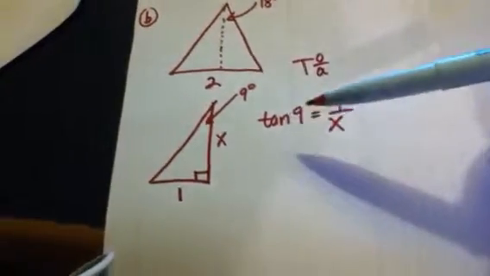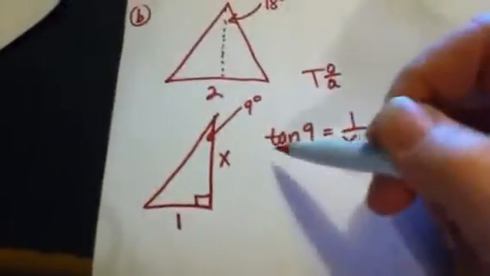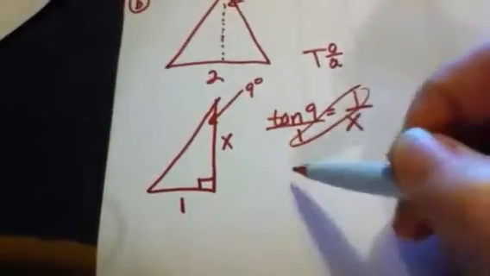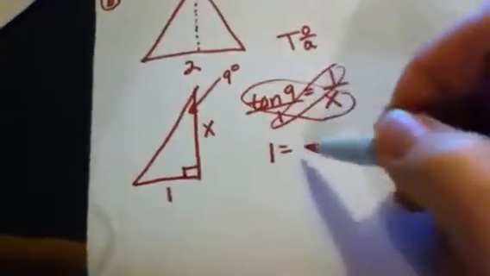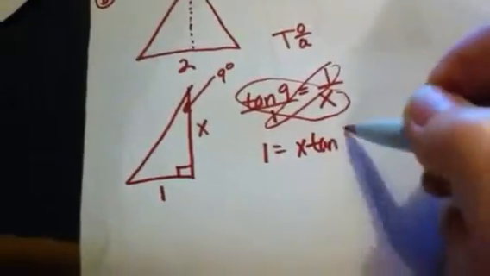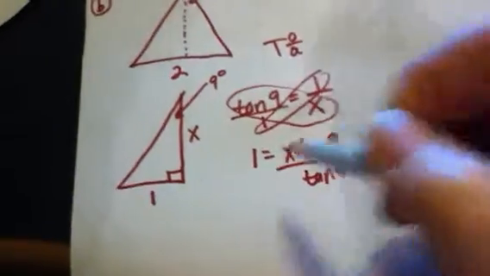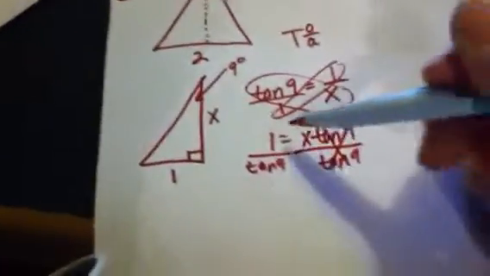So I said tangent of 9 is opposite over adjacent, and if I want to find x, I can use cross products. 1 times 1 is 1. x times tangent 9 is x tangent 9. I want to solve for x, so I divide both sides by tangent 9.